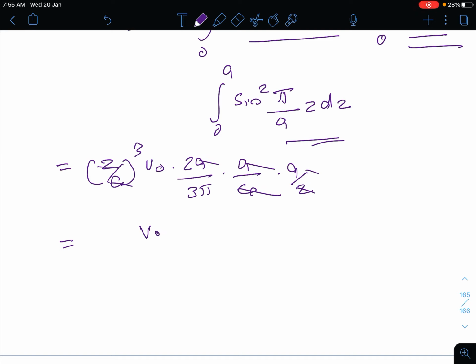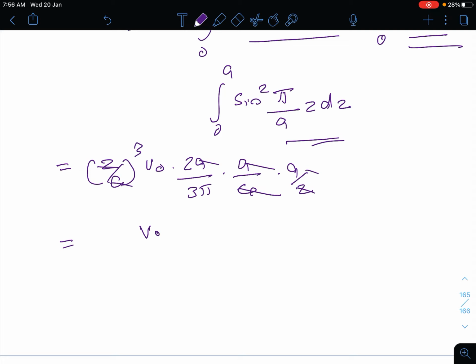Let me check whether I am right or not. Oh, something is wrong with this equation. Some pi square and all comes. Something is wrong with what I have done.